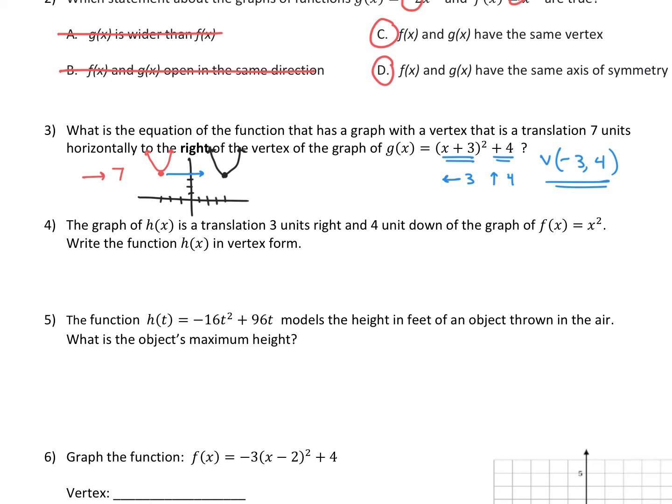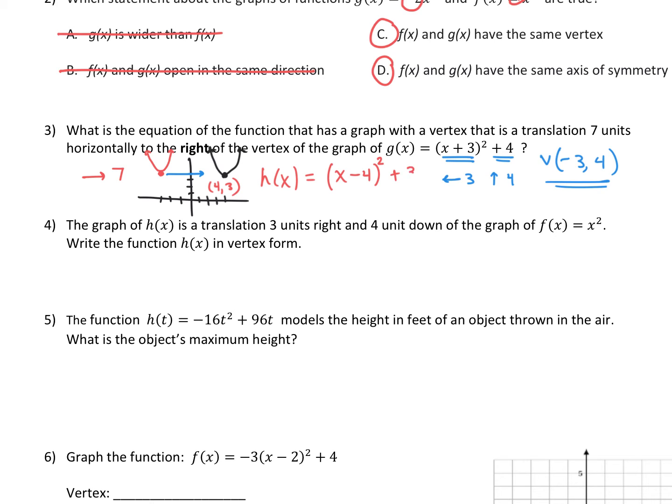So maybe we'll call this one h of x equals, the a value we're not changing. Our new vertex right here is the point 4, 3. So because the vertex from the origin is to the right 4 and up 3, we're going to say x minus 4 for that tricky x. Don't forget the square, that's what makes it a quadratic.